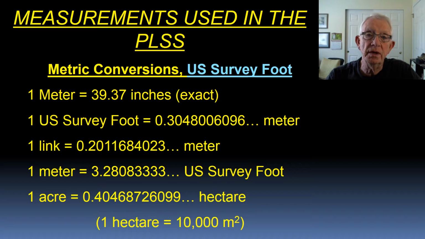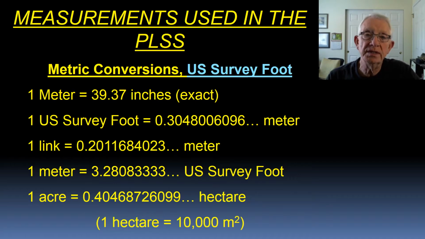There are several different kinds of foot, so let's just take a look at what we have here. 1 meter equals 39.37 inches, and that's an exact measurement. 1 U.S. survey foot equals 0.304800696, and the decimals go on forever, meters. 1 link equals 0.2011684023 meters, and 1 meter equals 3.2808333, and that goes on forever, U.S. survey foot. 1 acre equals 0.404 and a bunch of other stuff, hectares.